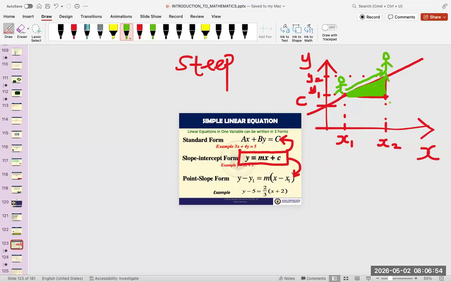What you have literally done is walk this distance horizontally from here to here, and also walked vertically from the bottom to the top. So your walking is in two directions: horizontally and vertically.